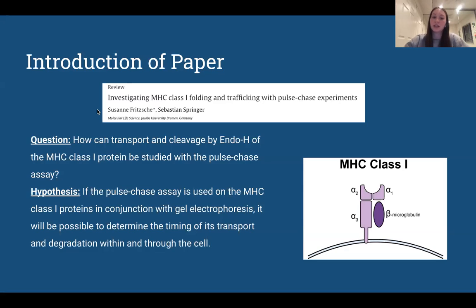The main question this experiment is asking is how can transport and cleavage by endo-H of the MHC class 1 protein be studied with the pulse chase assay? The hypothesis of this experiment is if the pulse chase assay is used on the MHC class 1 proteins in conjunction with gel electrophoresis, it will be possible to determine the timing of its transport and degradation within and through the cell.